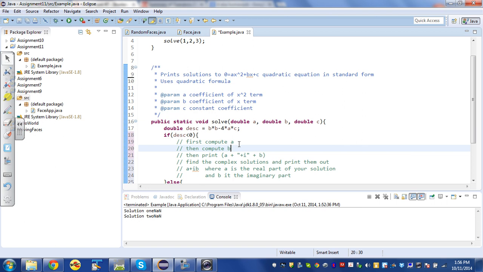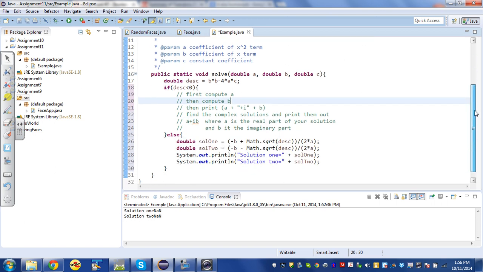How do you get a and how do you get b? Well, you may want to talk to a math teacher, but I'm thinking that a might be something like negative b over 2a. Let's call it RE and IM.